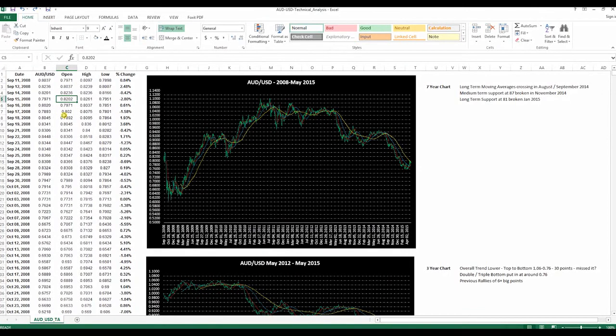Okay, so what we're going to be doing here is taking a look at the technical analysis of the Aussie dollar, US dollar exchange rate that we've been looking at as an example throughout the overall systematic process, as part of now the gatekeeping process.